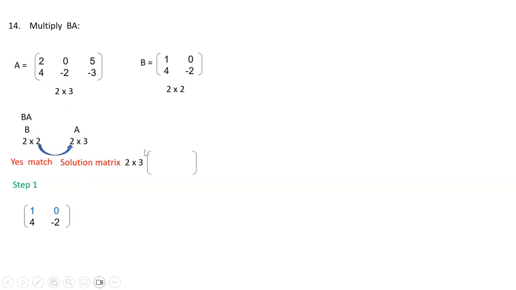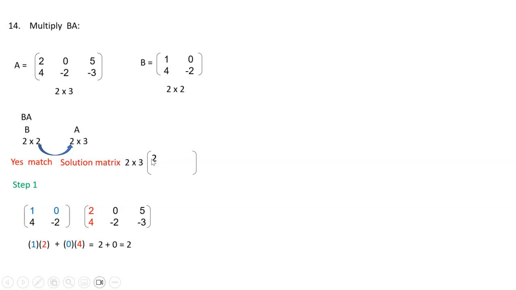So this is matrix B times matrix A. I'm going to multiply the first row times every column. I first start by multiplying the first row times the first column. So 1 times 2 is 2, and 0 times 4 is 0, so 2 plus 0 gives us 2.